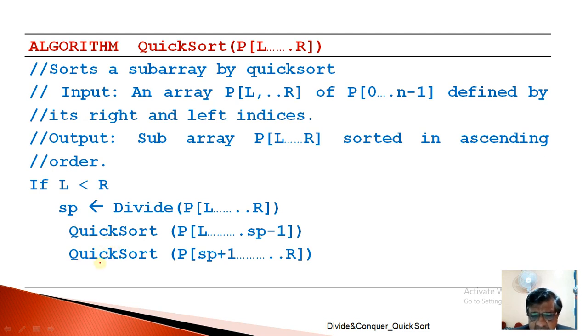And the other array portion is defined by two indices, two positions: sp plus 1 as the left position, and the right position is r. So quicksort is recursively called. This will end its execution if and only if this particular situation is reached.